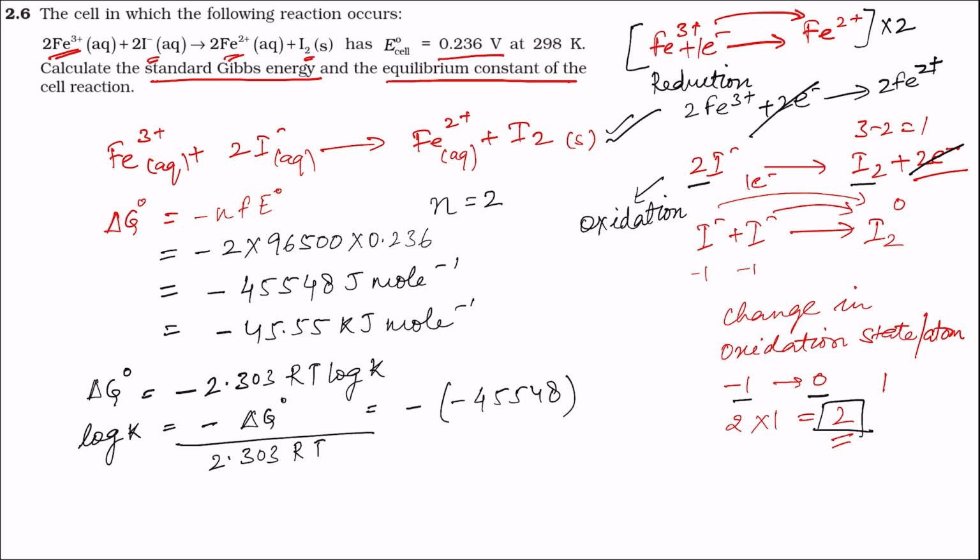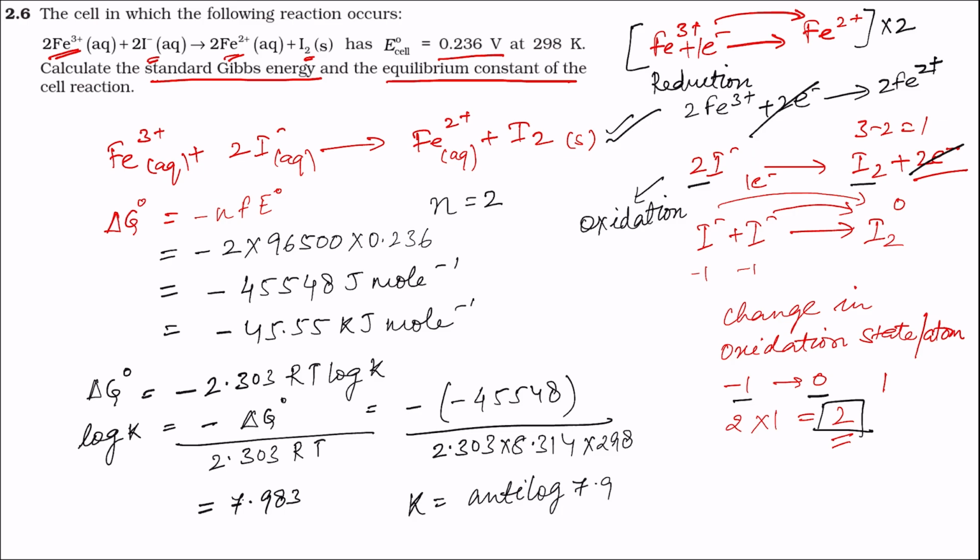This value is in joules, divided by 2.303 into 8.314, this is the value of R, into 298. Solving, the value of log K is 7.983. Value of K will be equal to anti-log 7.983, which is equal to 9.616 into 10 to the power 7.